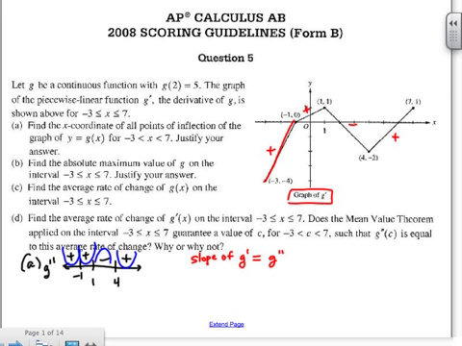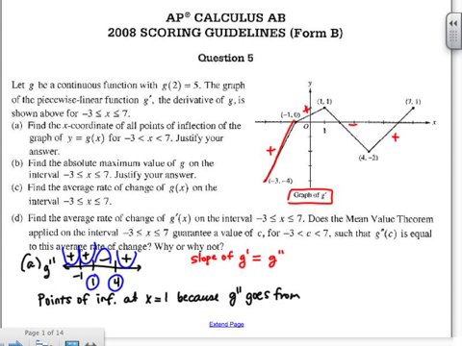So we need to decide if we have a point of inflection in certain places. I know for sure that I have points of inflection at 1 and 4 because I changed in concavity. All you need to write for those is points of inflection: x equals 1 because g double prime goes from positive to negative, and you can write plus for positive.